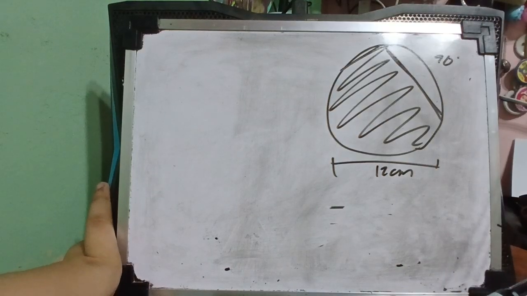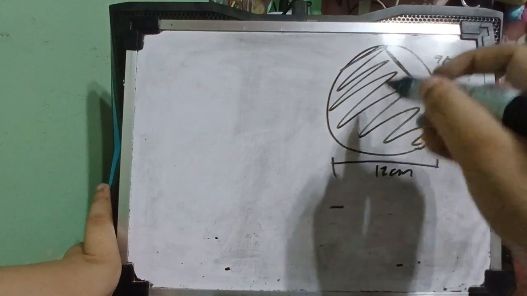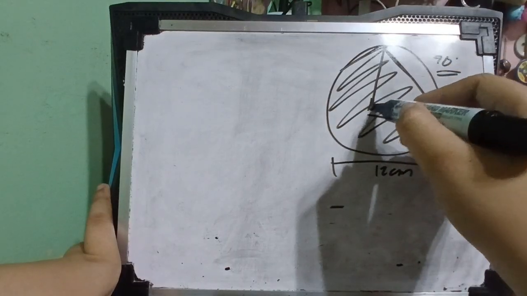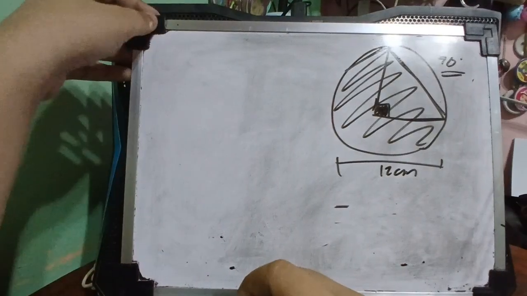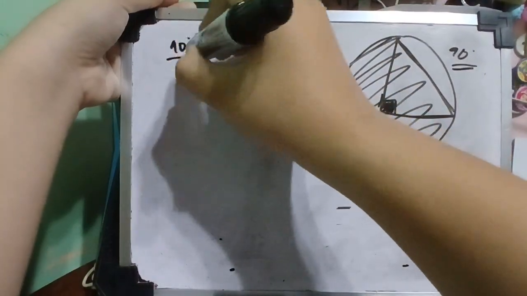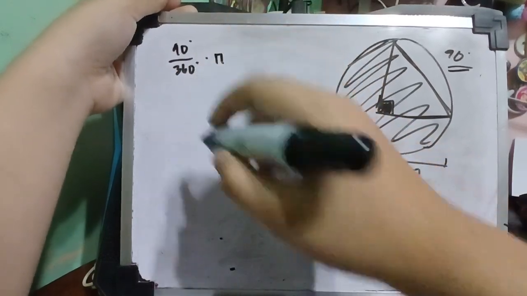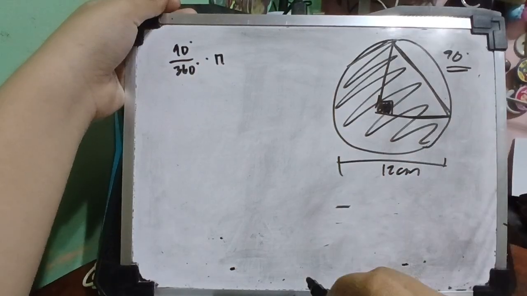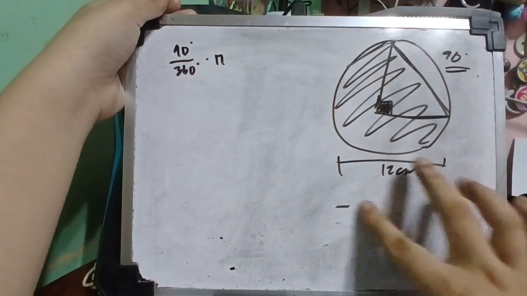So, where is the sector? That's the sector there. You can see that we have 90 degrees here, meaning we have two lines creating our right angle, so our base and height are there. The area of the sector is equal to 90 over 360 multiplied by the area of our circle. The whole thing is the diameter, 12, so divided by 2 it becomes 6.